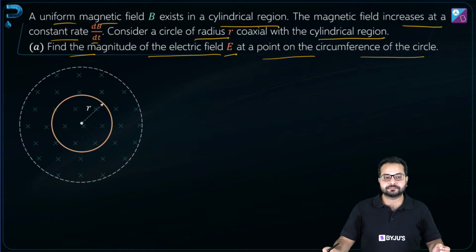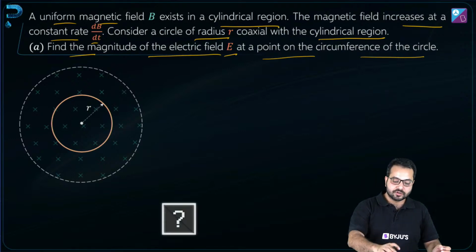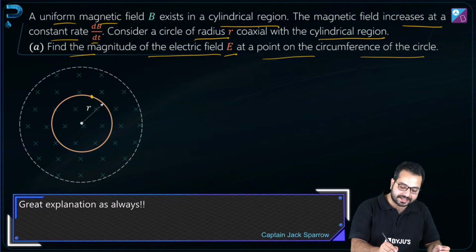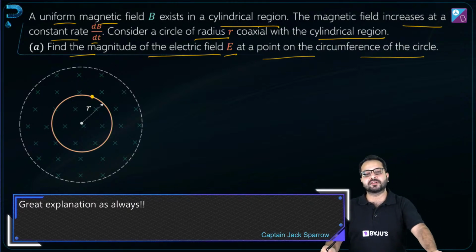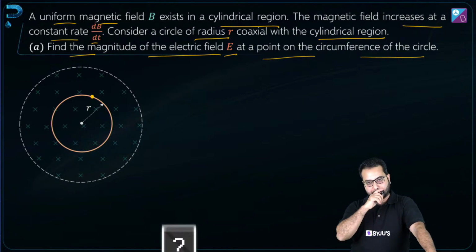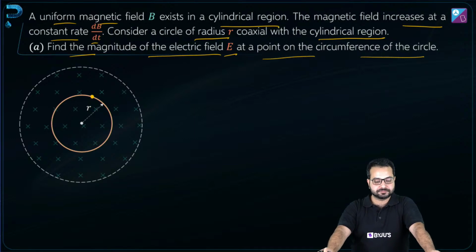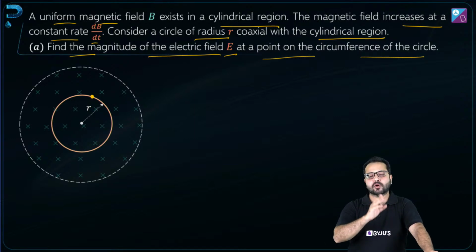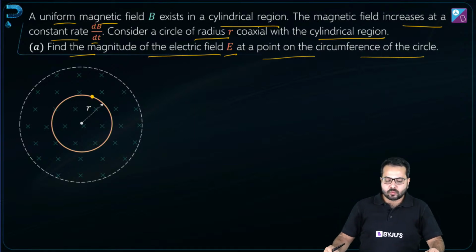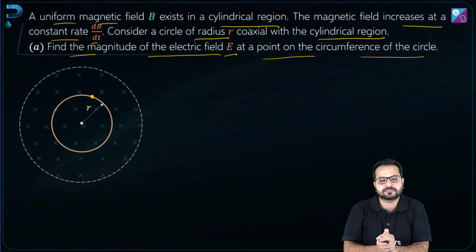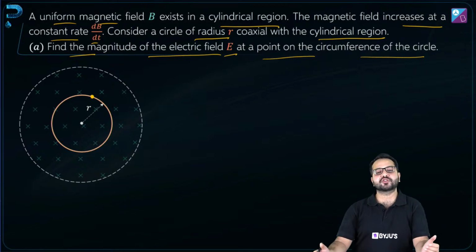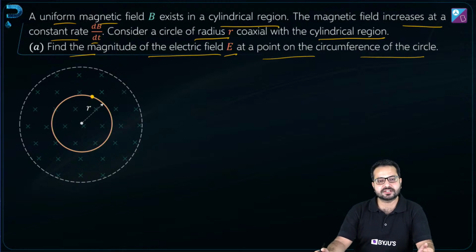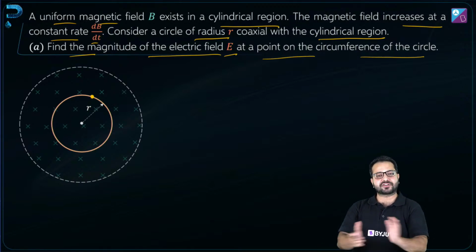So we have to find out what is the electric field at a point on this circumference. Alright, so the first thing I want to ask from you is, what electric field are we talking about? We don't see any charge over here. We don't see any source of electric field here.